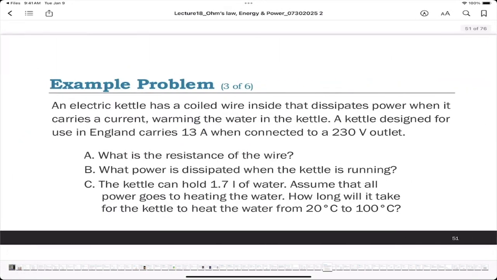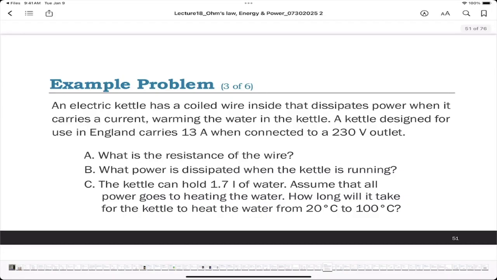Okay, let's try to review this example problem. An electric kettle has a coiled wire inside that dissipates power when it carries a current, warming the water in the kettle.